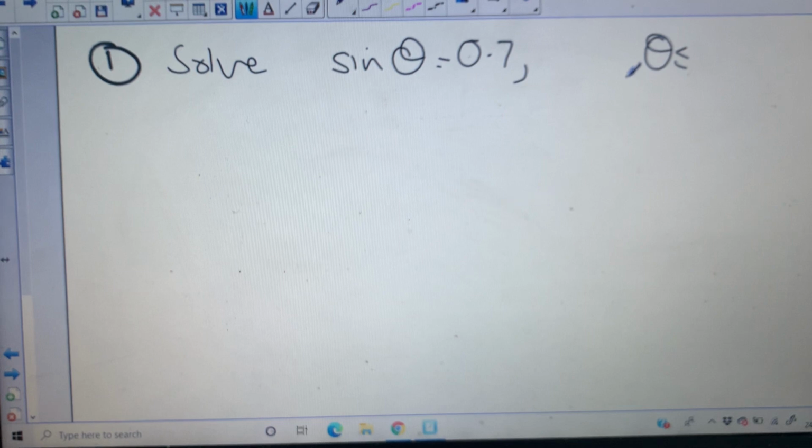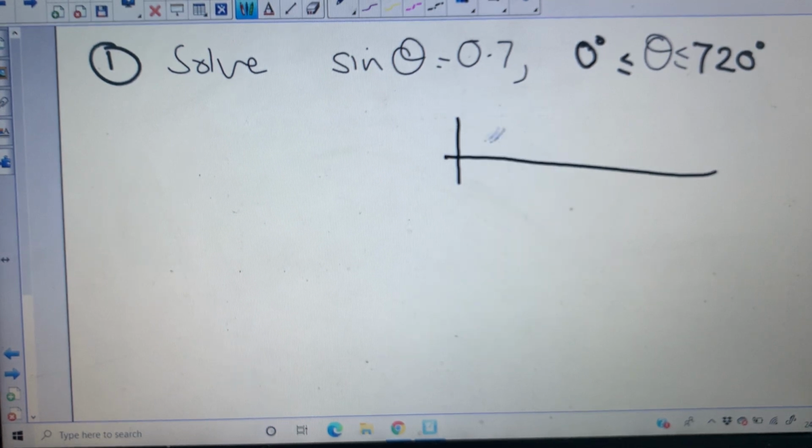We're going to have our range going from 0 to 720 degrees. If you were sketching the curve, you'd have to think 0 to 360 and then repeat it to 720. And so what's going to happen here is you're going to have more solutions.